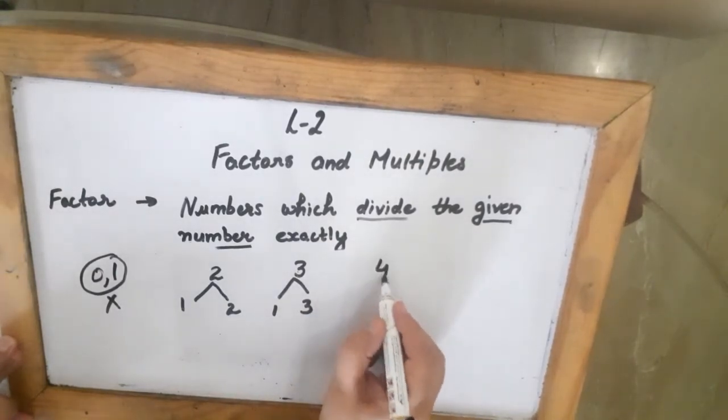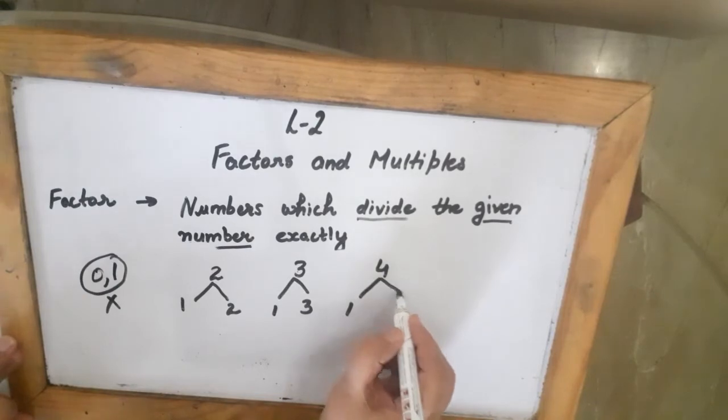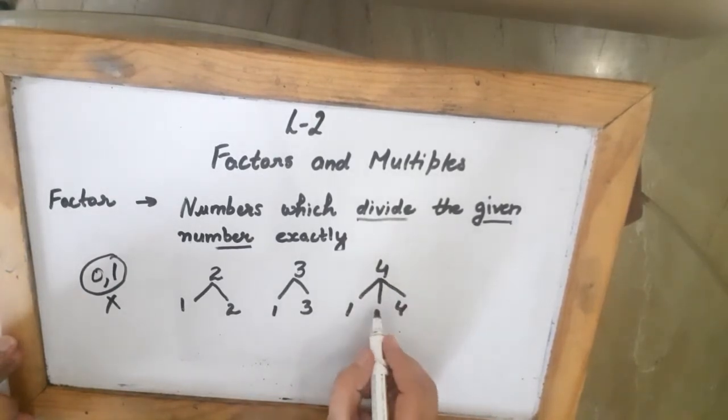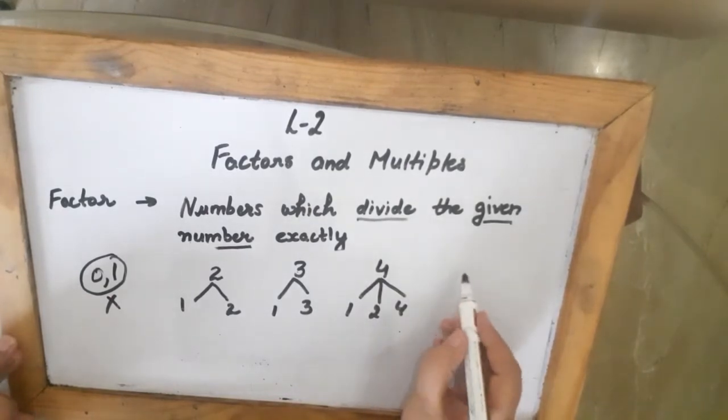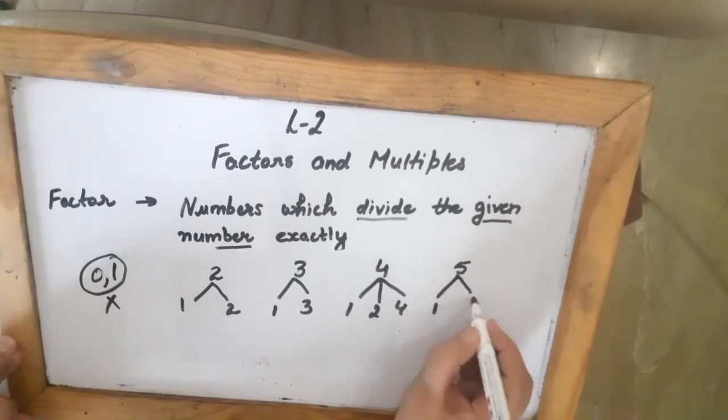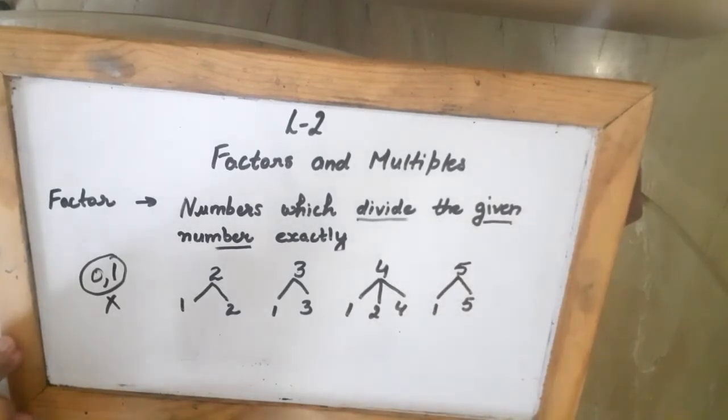And 4, what are the factors of 4? 1 and 4 are there, and which other number divides it? It is 2. 2 2s are 4, so it has 3 factors. Now number 5, what are the factors of number 5? 1 and 5 itself. So every number has at least two factors, 1 and the number itself.